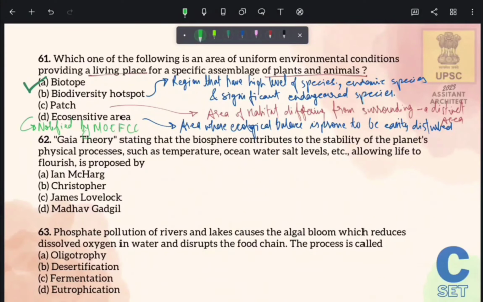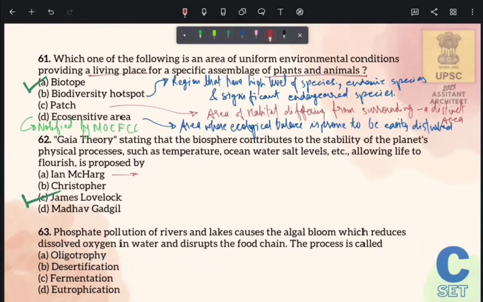Gaia theory, stating that the biosphere contributes to the stability of the planet's physical processes such as temperature, ocean water salt levels, etc., allowing life to flourish, is proposed by. So this theory was proposed by James Lovelock. So the correct answer is option number C. And the first option given is Ian McHarg.